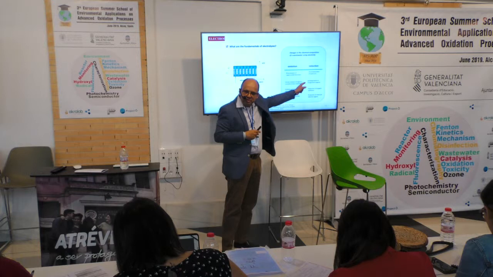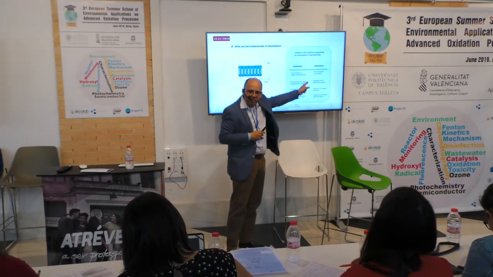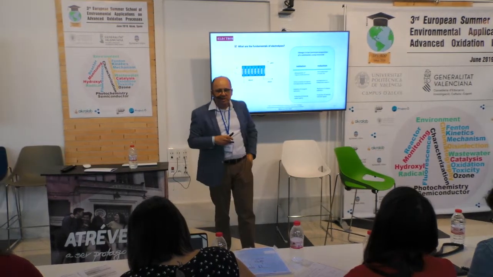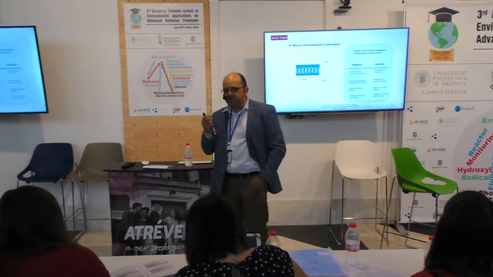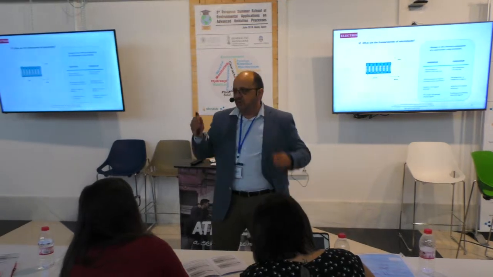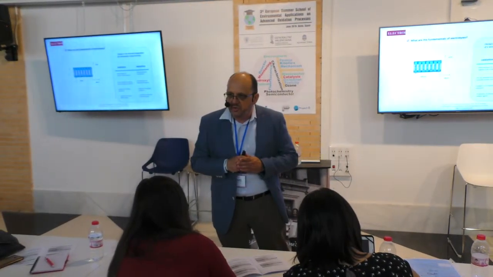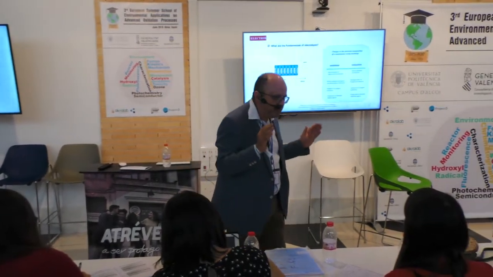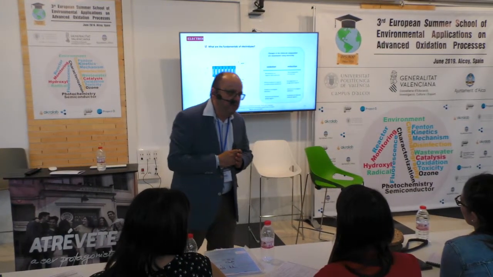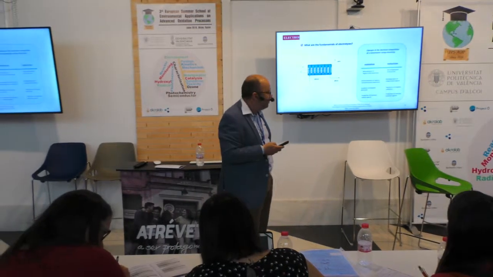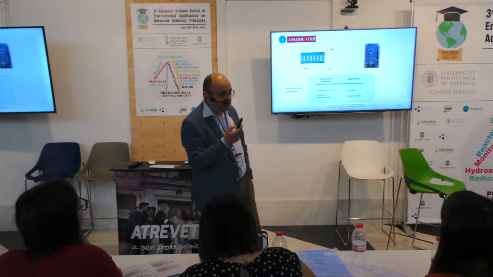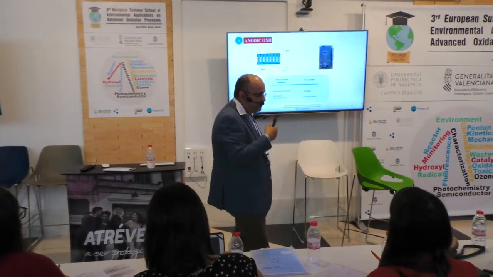We can dehalogenate halogenated compounds. We can reduce inorganic pollutants. We can electrodeposit metal ions on the surface of a cathode. So by electrolysis, we can do many, many different things related to the environment, with the improvement of the quality of water. Okay, and then I continue to the following point.